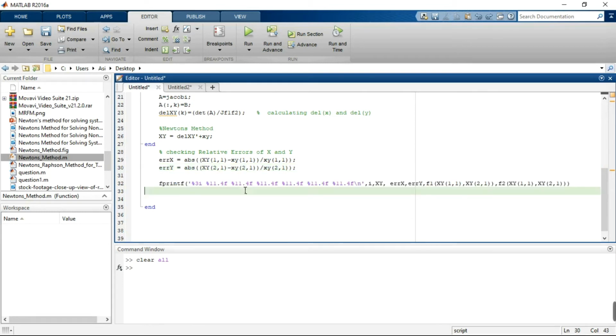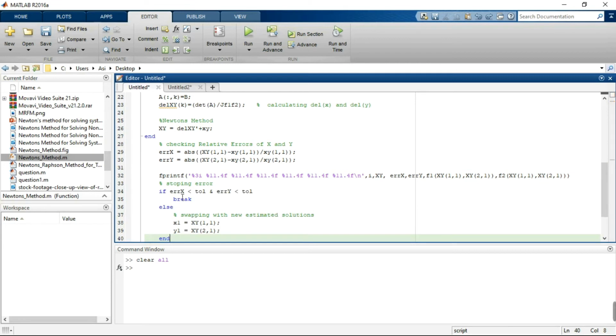Next we print our results, that are the number of iterations, and the newly calculated solution x and y, then error in x and error in y, then the value of the function at x and y, similarly for f2. Then we use the stopping criteria for when we have to stop our iterations.